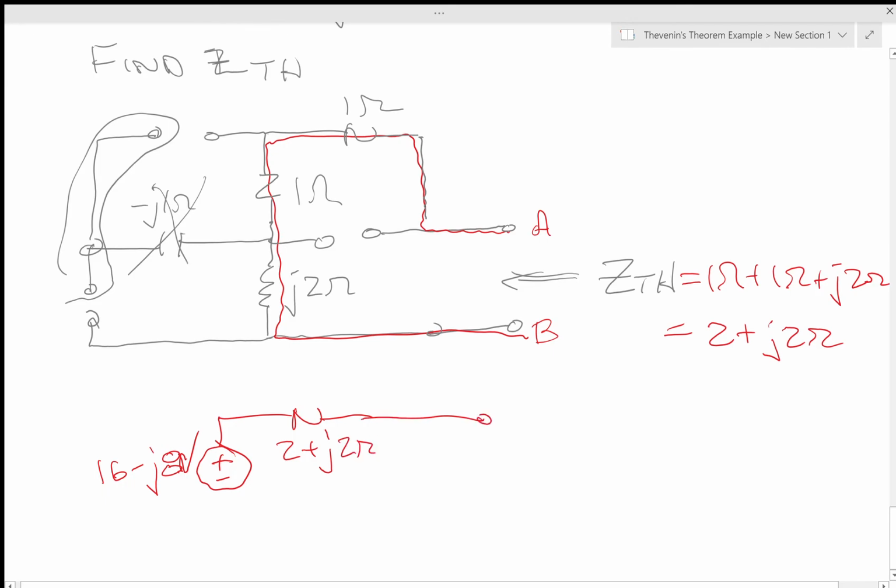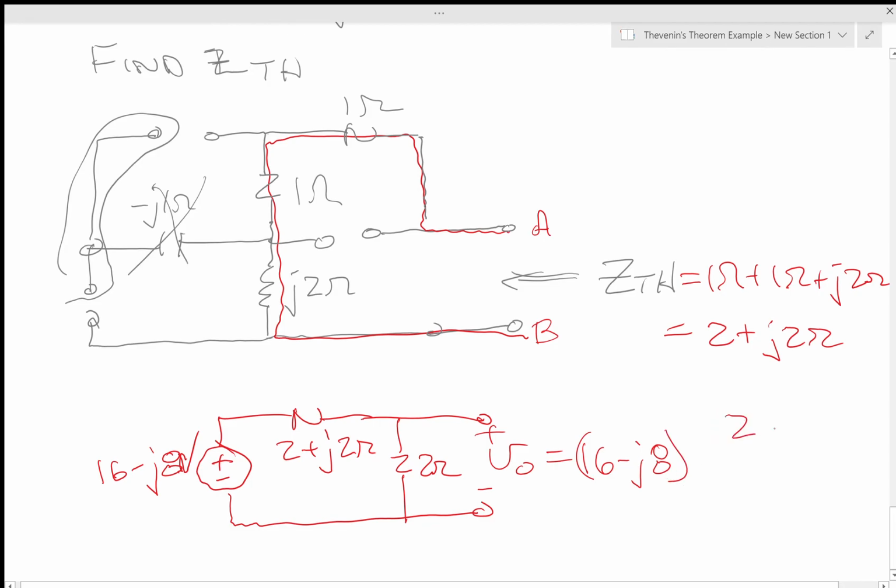Now then I stick my 2 ohm resistor back in here and use voltage divider to solve for VO. And this is going to be 16 minus J8 volts times the one I want, which is 2 ohms, divided by the sum of the impedance.